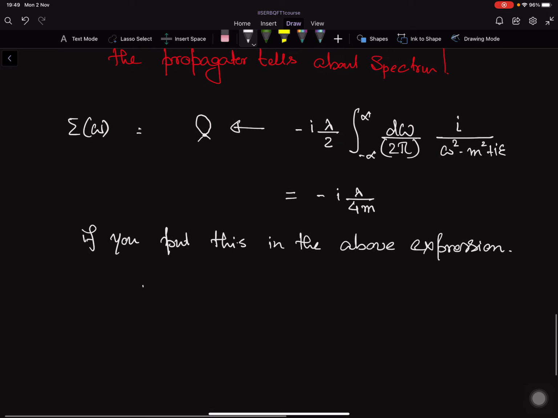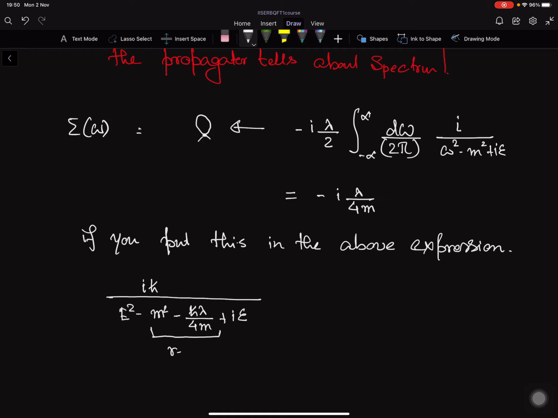then you can see that the structure of the propagator becomes i by h bar, omega square minus m_R square. And this quantity is called renormalized mass.